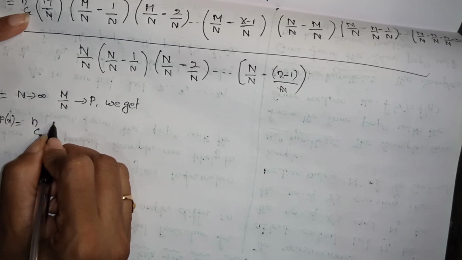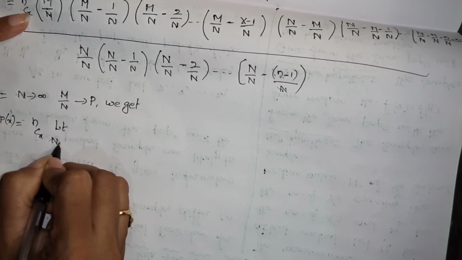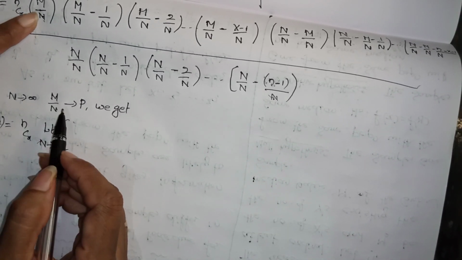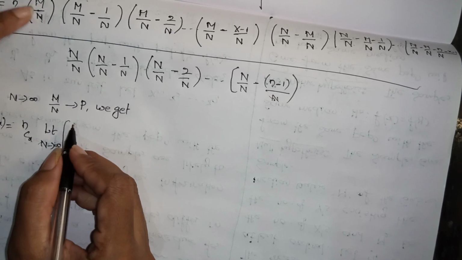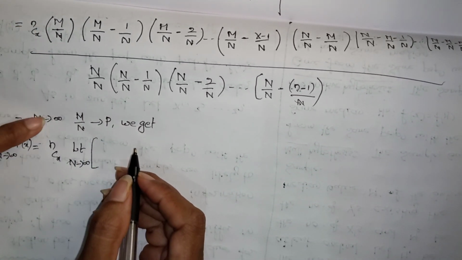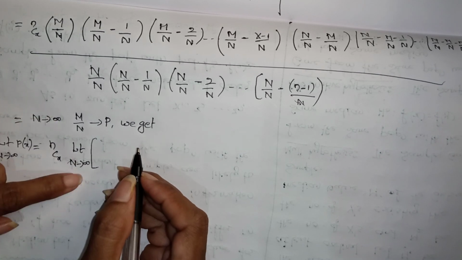Okay, nCx limit n turns to infinity. M by n means we have to keep P here. First we have written nCx, so now we are going to apply the n turns to infinity limit.